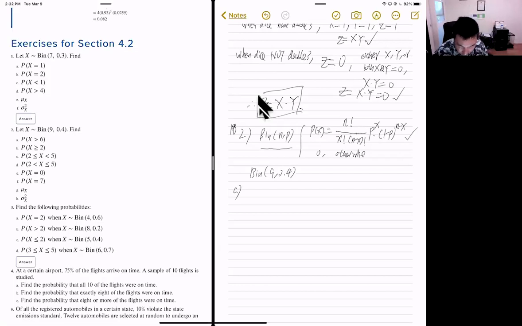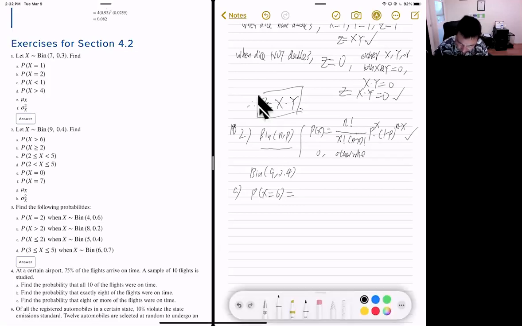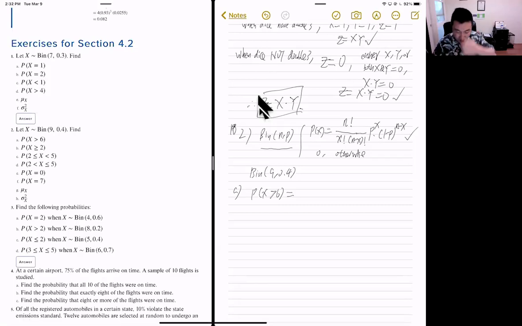So for P(X larger than 6), that is equal to P(X equal to 7), since 7 is larger than 6, or P(X equal to 8) plus P(X equal to 9).